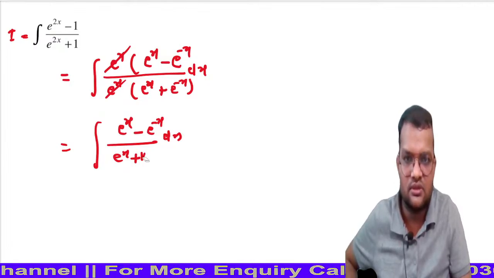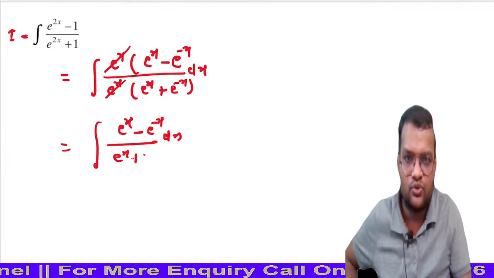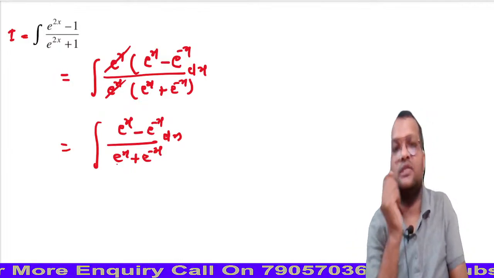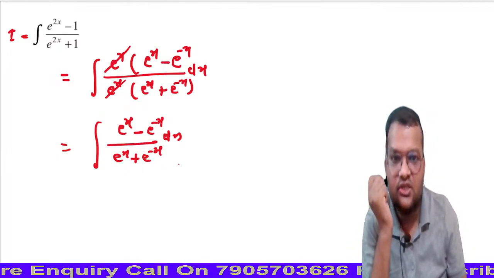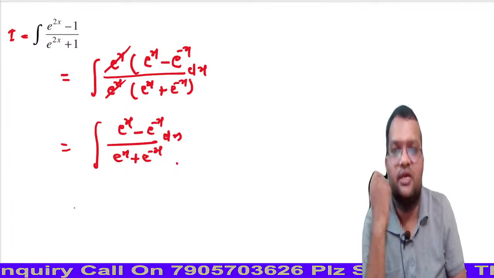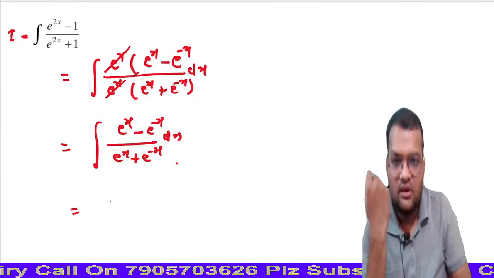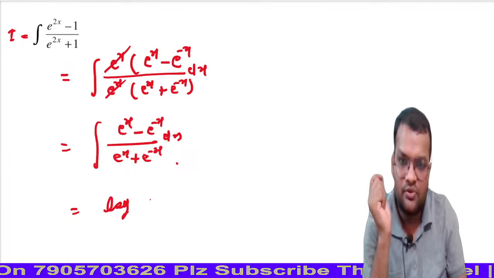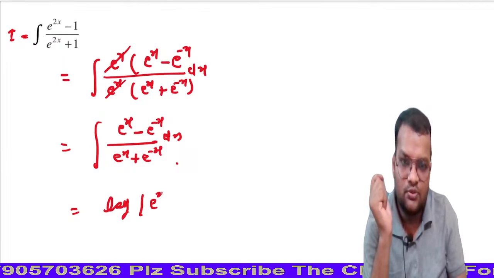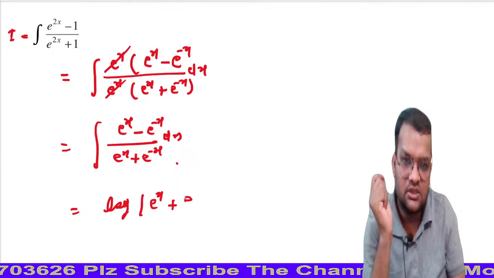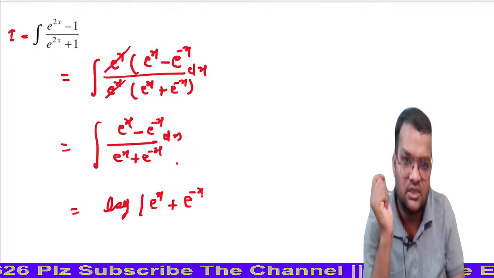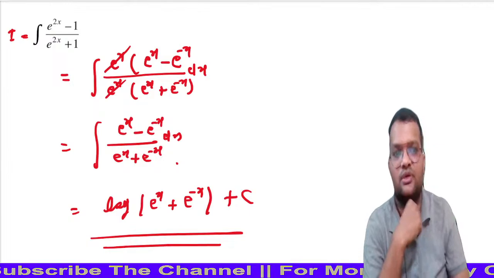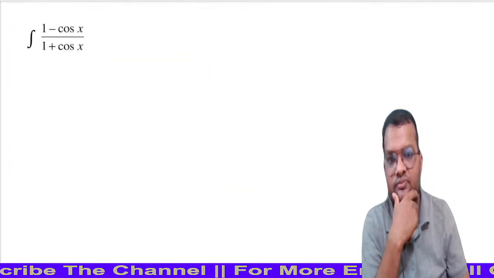So it becomes e to the power minus x. Again, you can check that when you differentiate the denominator, you get the numerator. So it is an integration of log form. Means you can write log of (e to the power x plus e to the power minus x) plus integration constant. Simply you can get this.